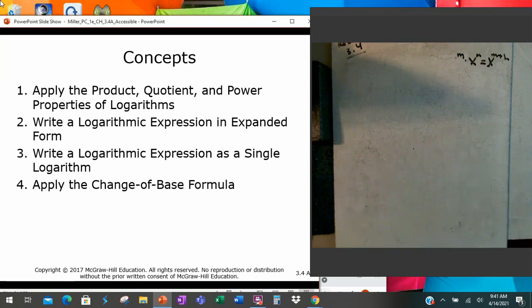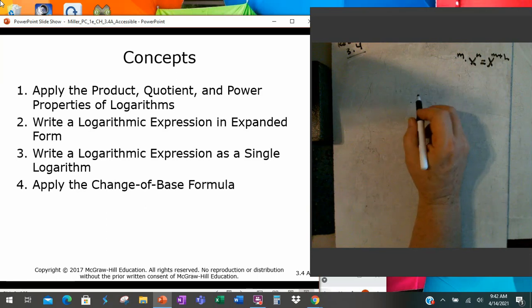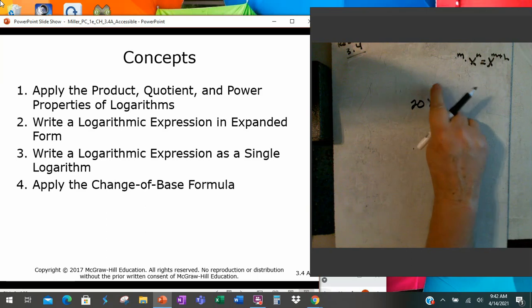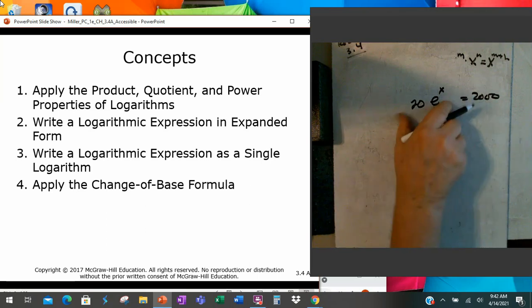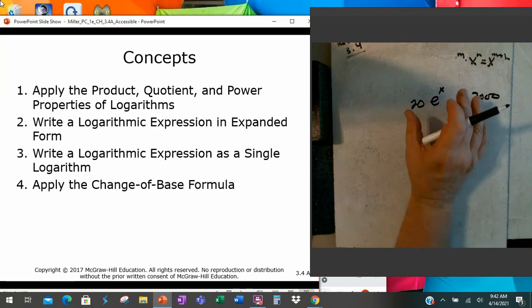But I may have something like 20 e to the x, and I want to know when this is 2000. And what I want to do is get this thing down. That's the basic log.